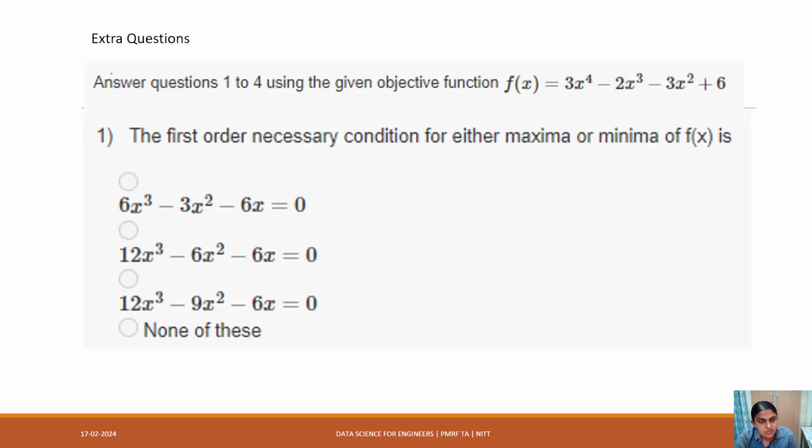Now some extra questions. I think these are most of the models that are available in week 4 of your course. We'll just see some more models. The next one is f of x equal to 3x raised to 4 minus 2x cube minus 3x square plus 6.